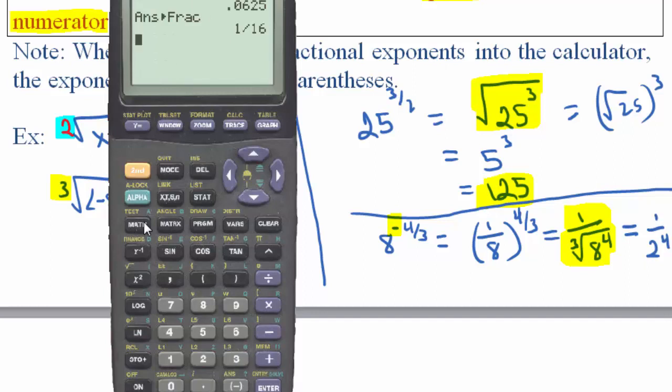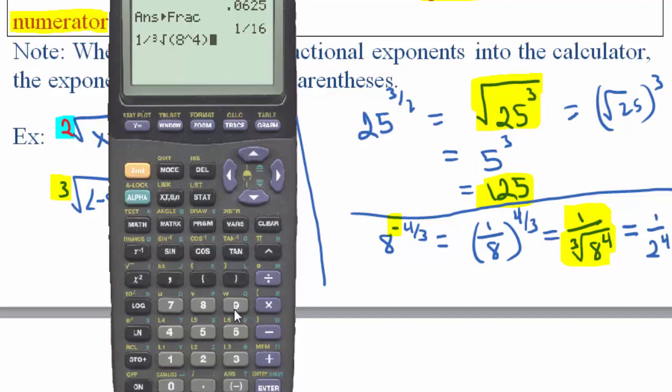So that's right. Or I could actually write it in the radical form, and if I wrote it in radical form, I'd have to write it like this, in that yellow highlighted expression, 1 divided by, and the cube root. How do you do the cube root? If you push the math button, there's actually a command for cube root. There it is. Cube root of 8 to the 4th.